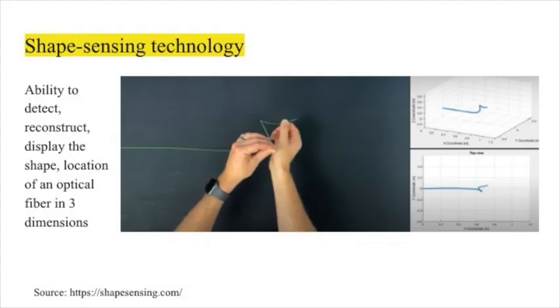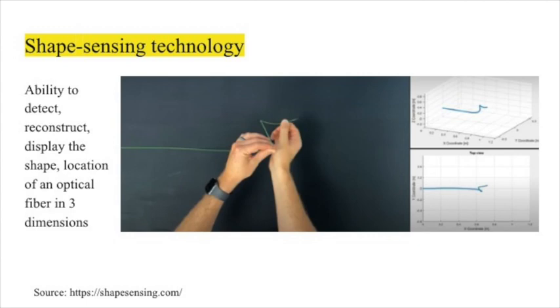So what is shape sensing technology? This technology has been available in the past decade, and it has been applied to multiple fields of medicine. Basically, this technology creates an optical fiber, and this optical fiber can sense and know the location of itself.